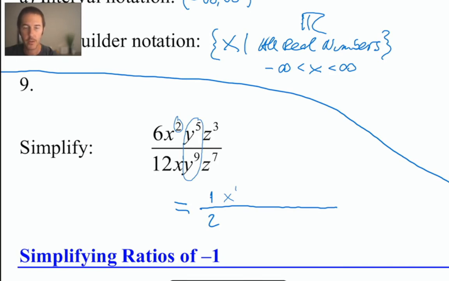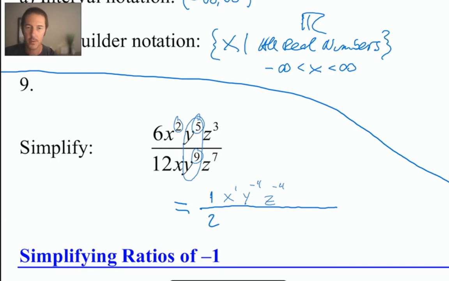So you could write y to the 4th in the denominator, or you could do the upper exponent minus the lower exponent, 5 minus 9 is negative 4, and write it as y to the negative 4 in the numerator initially. Same thing with your factors of z. We can write this as z to the negative 4. 3 minus 7 makes negative 4.